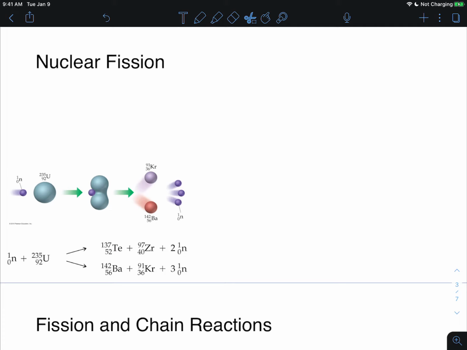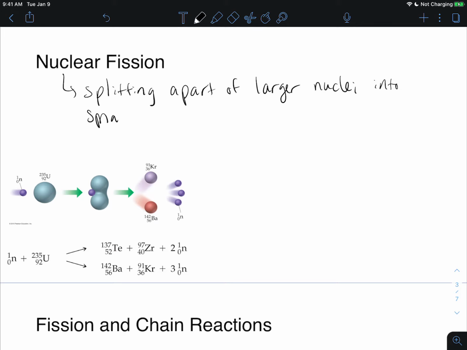Nuclear fission is the splitting apart of larger nuclei into smaller nuclei and neutrons.